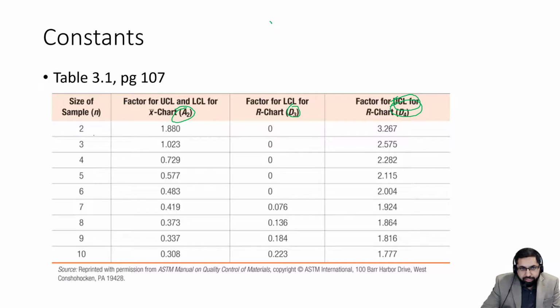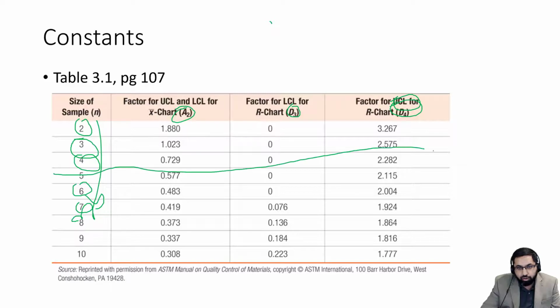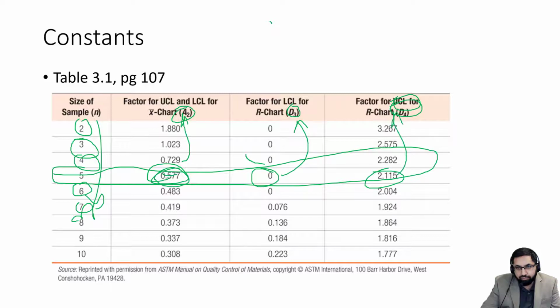Whatever your sample size is, maybe you're taking samples of size 2, or 3, or 4, or 5, 6, 7, 8, and so forth, you go to that row and you pick the values for A2, which is here, to use here. And you can find D3 is 0 and D4 is 2.115. So you can find the values given your sample size from this table.